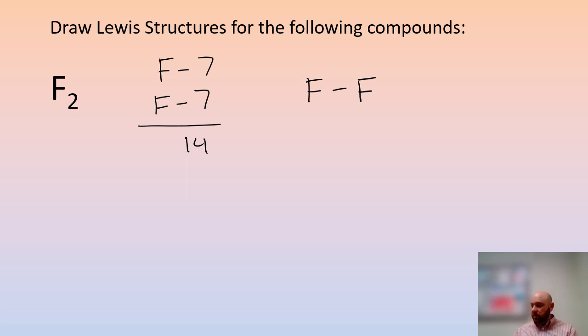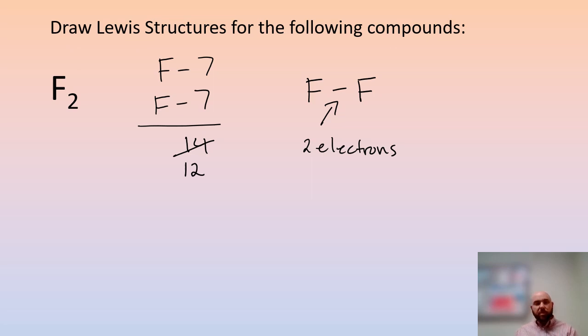Keep in mind that single bond represents 2 electrons. So we've already used 2 of our 14 valence electrons we have to work with, meaning we have 12 electrons left that we can place around the atoms in our molecule.